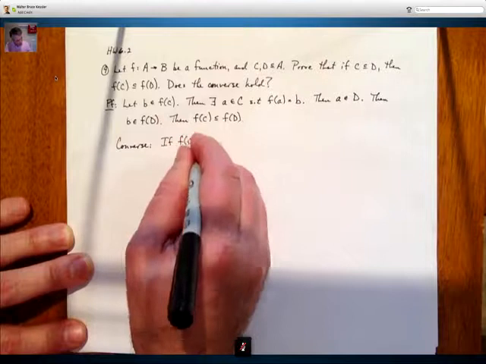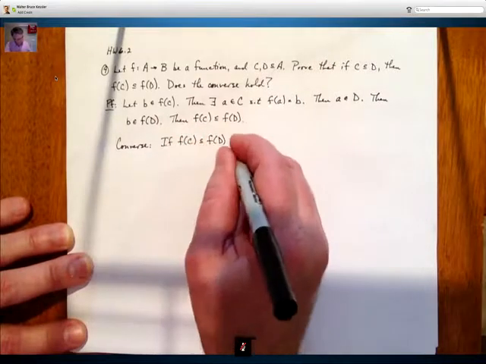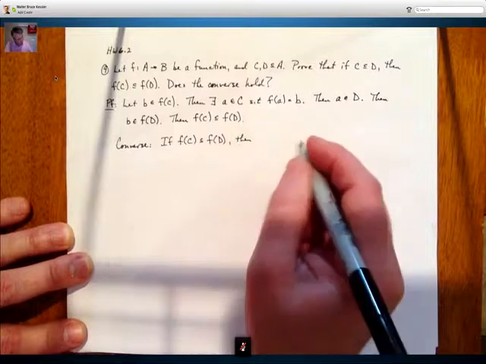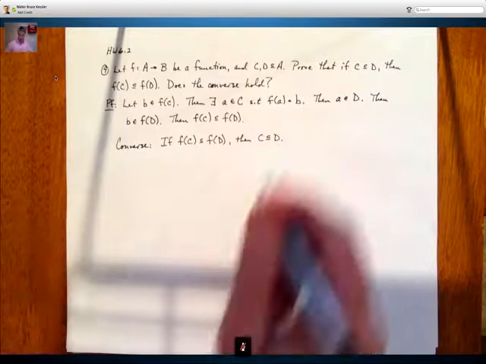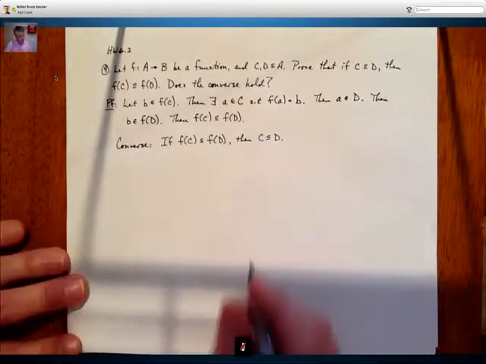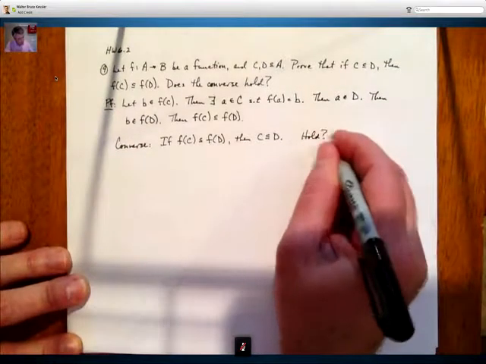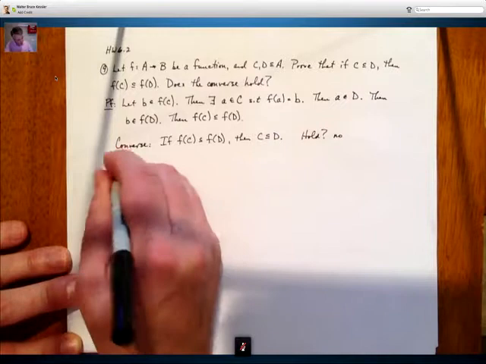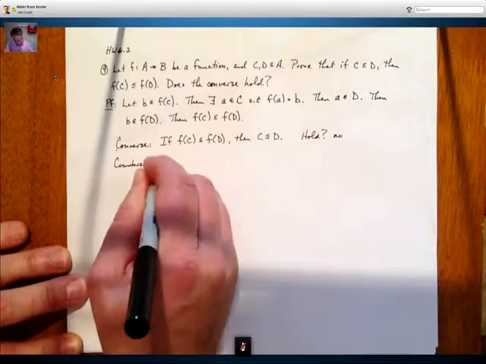If f of C is a subset of f of D, then C is a subset of D. The question is, does that hold? I don't think so. No. So here is a counterexample.